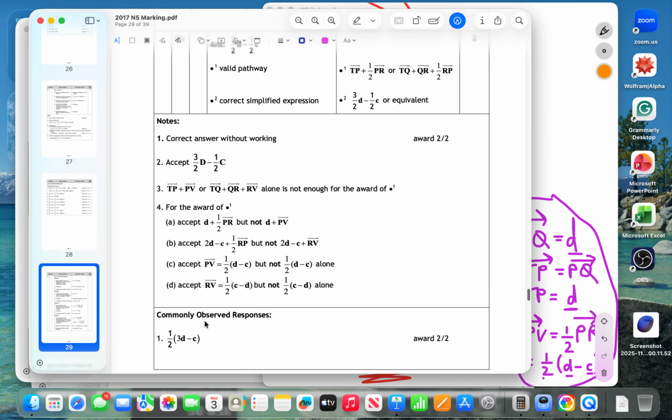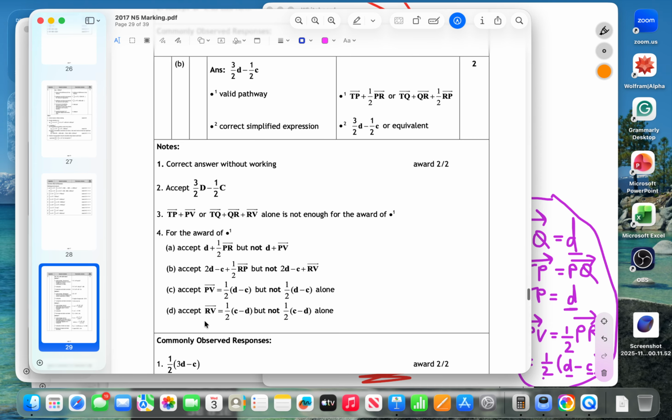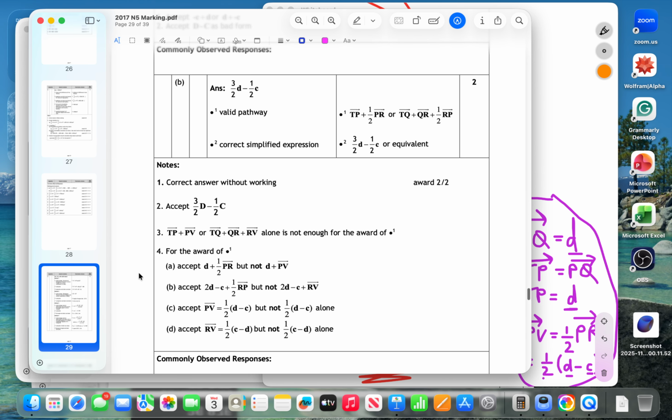So some mistakes that some pupils made are given in section 4. If you have a look, they left PV, sorry, but the point of the question is to find the vector in terms of D and C, but they've left it as PV, and they've left this as RV.